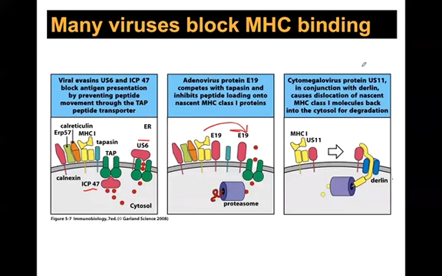Another way you can do this is to dislocate the MHC from the transporter and feed it back out through another degradation pathway, the Derlin pathway. And so the MHC1 is being degraded. Essentially, US11 is forcing this through Derlin. Once it goes into the cytoplasm, it's just like any other protein. It is then fed into the proteasome or immunoproteasome.